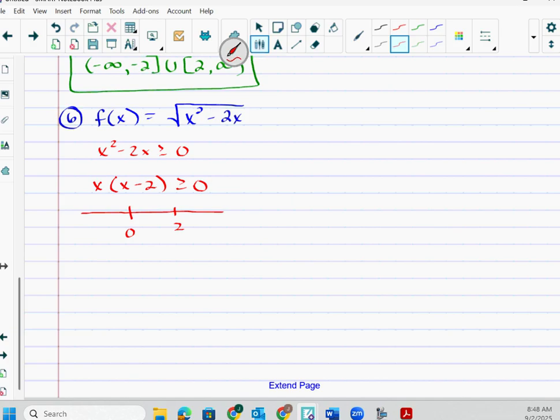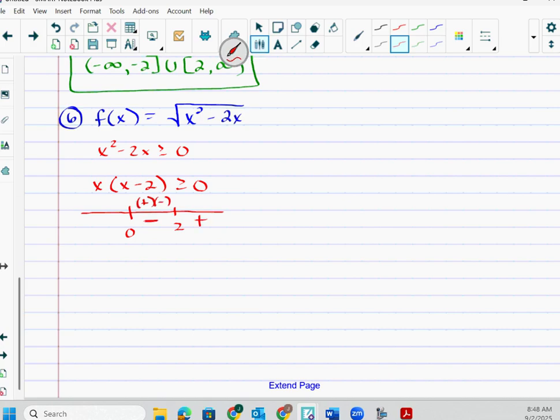So it looks like a lot of you guys plugged in 1, which is good. That's easy. If you're like 17 is my favorite number, like, yes, you can do that. It's just sometimes more complicated to plug in. It doesn't matter other than it can't be the points we have labeled. So 1 would give me a positive times a negative, which is negative.